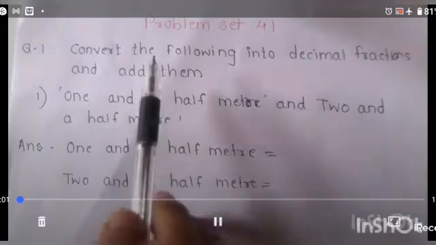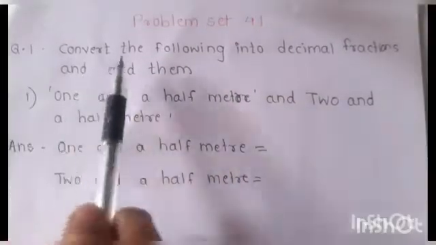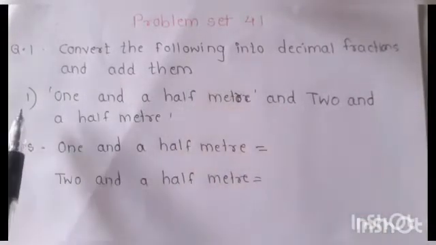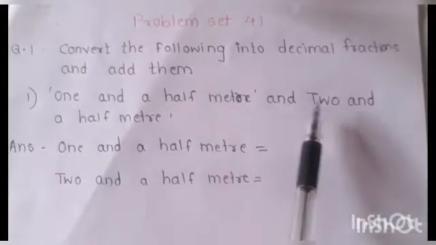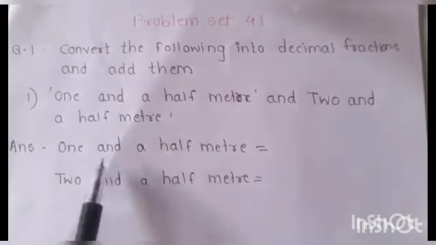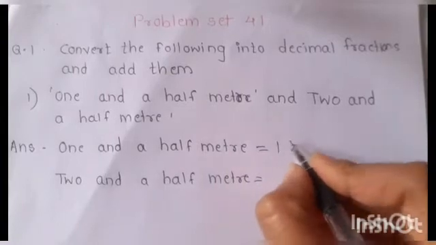Okay. Now let's see problem set 41. What they have given in the first question: convert the following into decimal fractions and add them. Here they have given first one, 1 1/2 meter and 2 1/2 meter. In the last video we saw how to write 1 1/2 meter. Here 1 we take as a whole number.